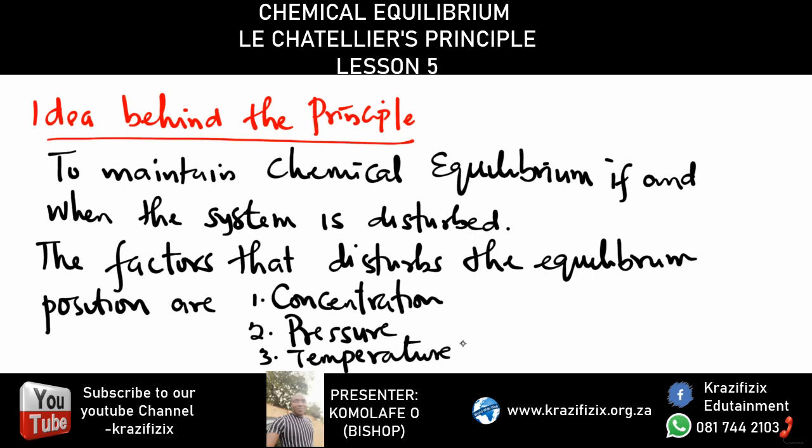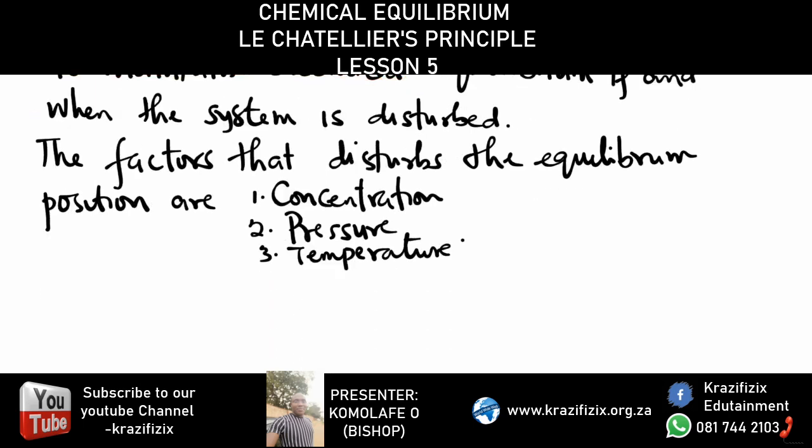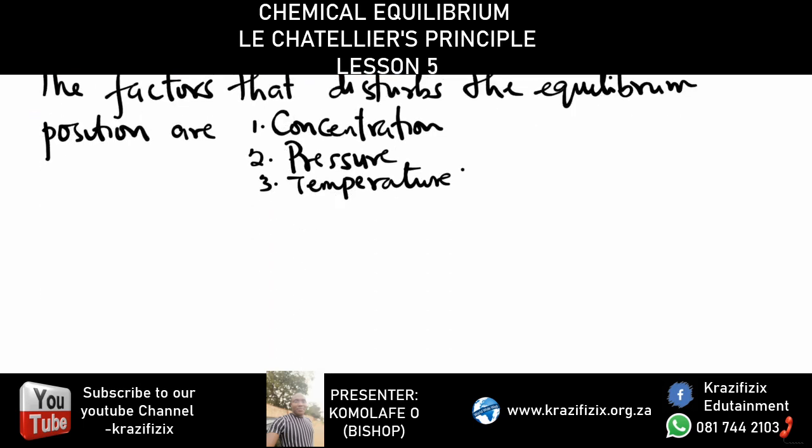So these are the 3 factors that affect the equilibrium position. This is what a guy called Chatelier looked at, and we're going to deal with this principle just now, Le Chatelier's principle.